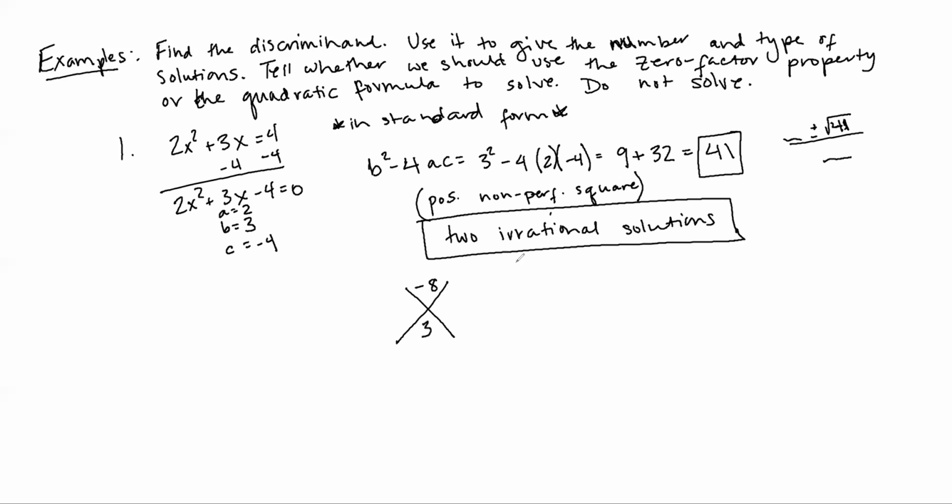Well, everything that multiplies to negative 8 is 1 and 8, 2 and 4. There's no way if I make one of these positive and one of them negative to get a 3. So it's not factorable. So because it's not factorable, we're going to use the quadratic formula.